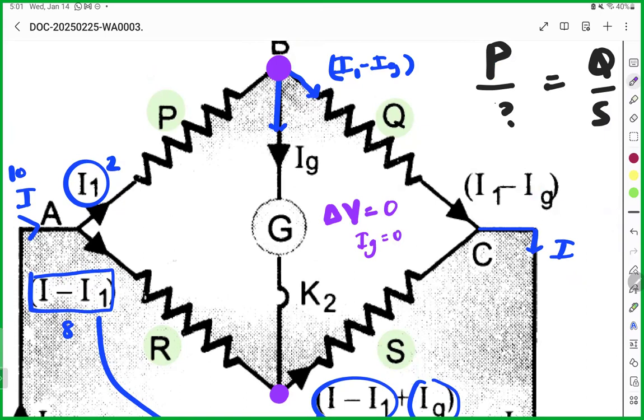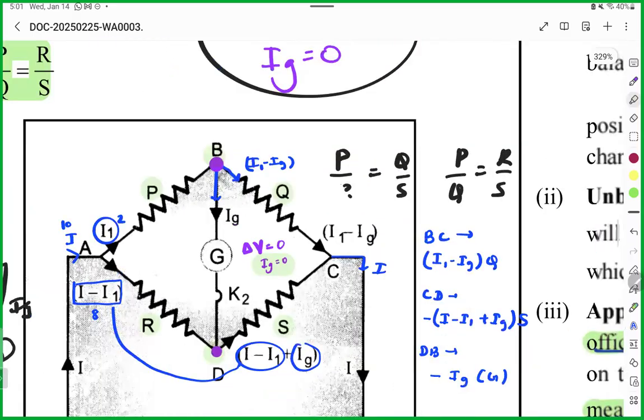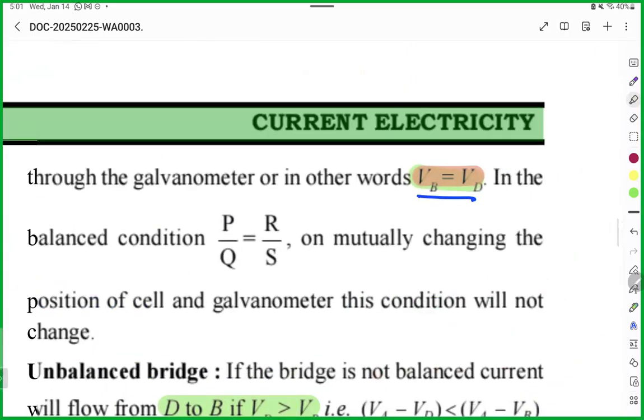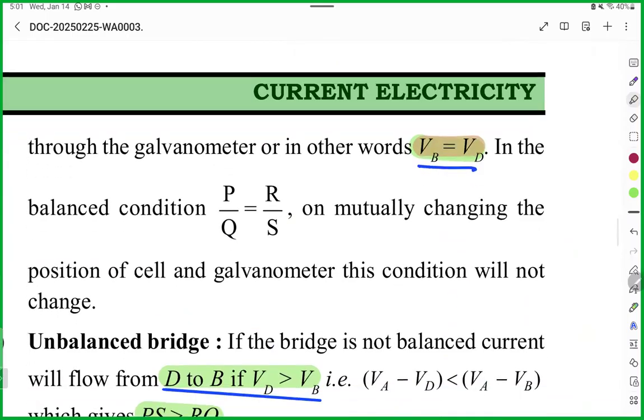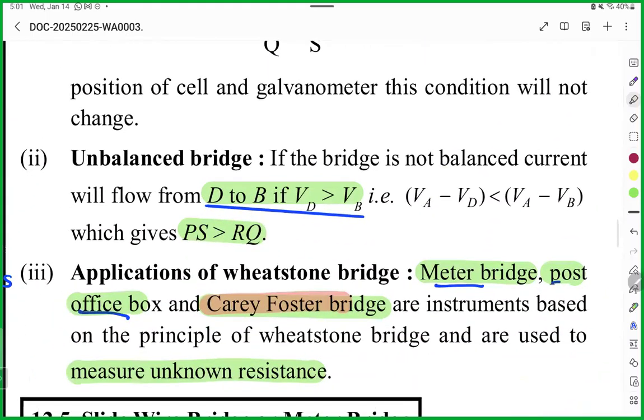If the potential difference between them is 0, then current is 0. So if you want your galvanometer to be balanced, the potential at B should be equal to the potential at D. If it is unbalanced, what will happen? The value will change.